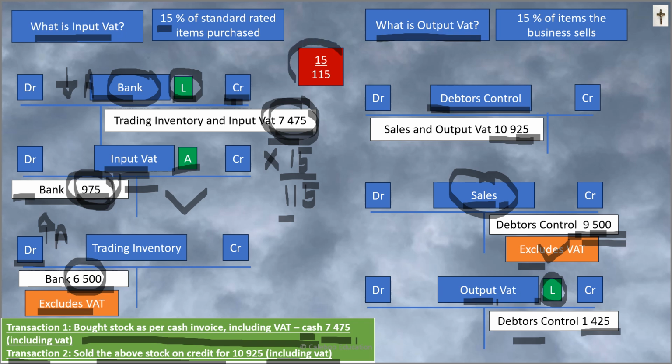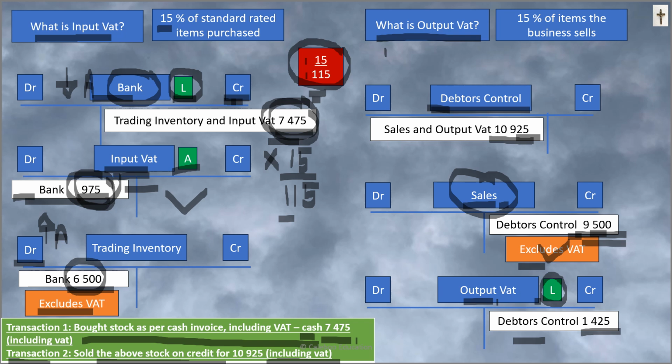This here, I have briefly mentioned it, is the VAT fraction. We are going to be using this fraction plenty. So I thought I would introduce it just so we get your mind thinking about it. The top above the division line is the numerator, which is 15, which is the VAT rate. The denominator below the division line is 115, which is 100 plus the VAT rate.